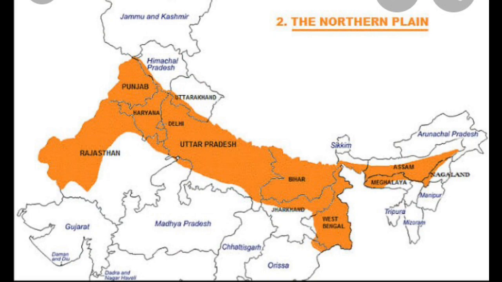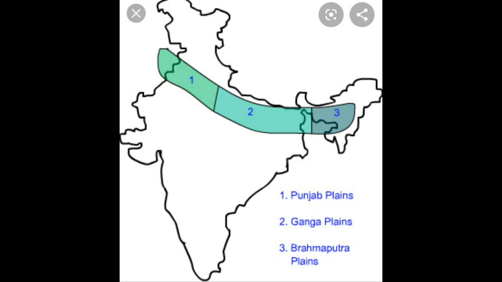Northern plains can be divided on the basis of sections, and we can divide northern plains as the Punjab plain, the Ganga plain, and the Brahmaputra plain.